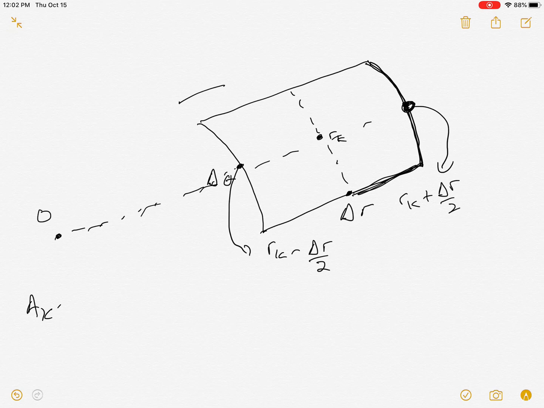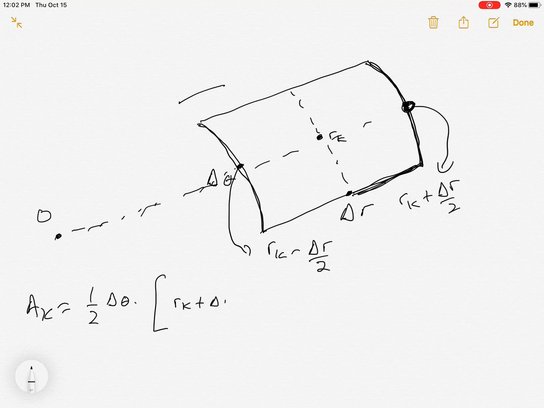So a sub k is going to be 1/2 theta, where theta is actually delta theta. Then we have the upper radius, r sub k plus delta r over 2 squared, minus r sub k minus delta r over 2 squared.